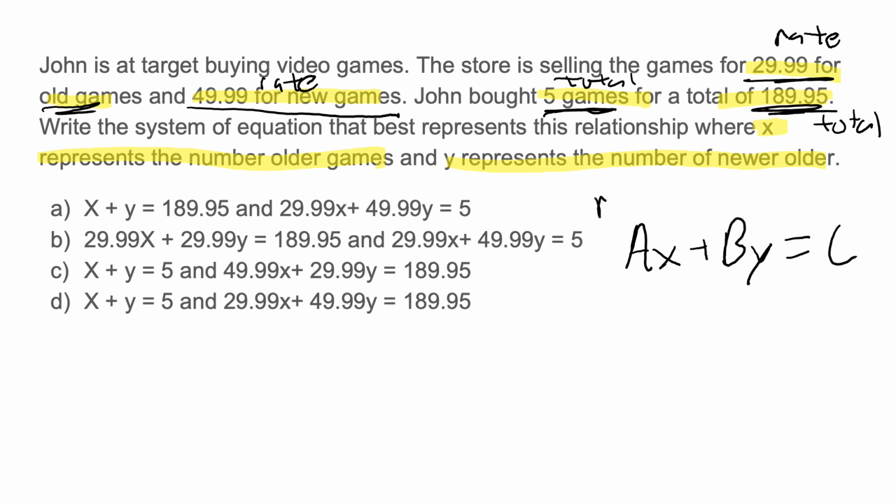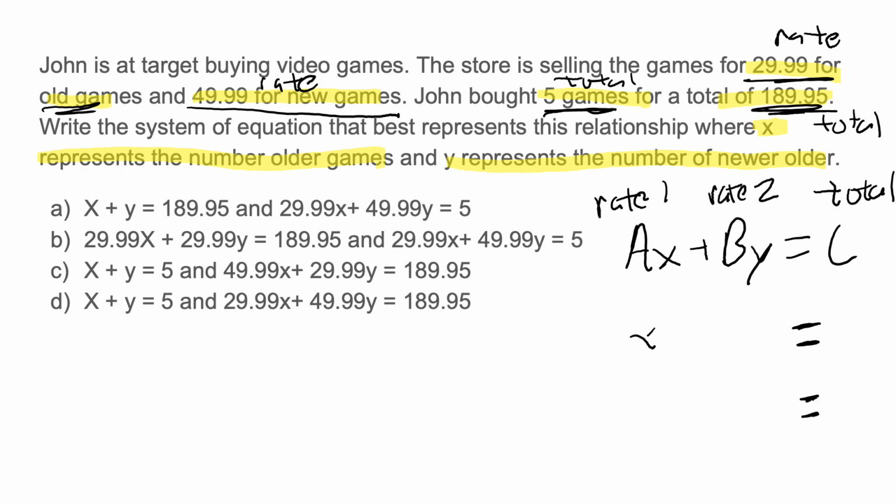So this is rate 1, rate 2, and then the total. Now you gotta be careful though, because you might not need to use the rates for every single one. So I'm gonna go ahead and set my totals first and my variables.